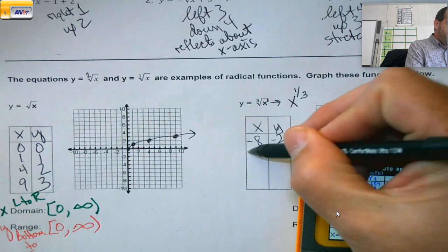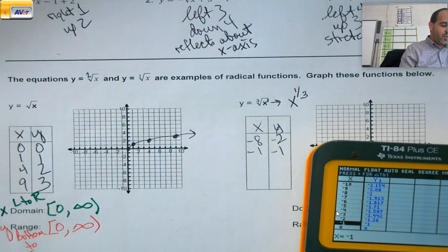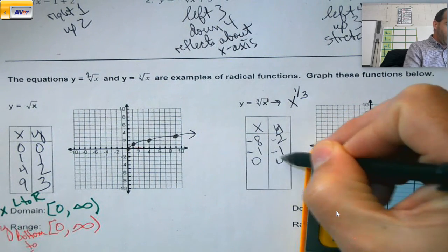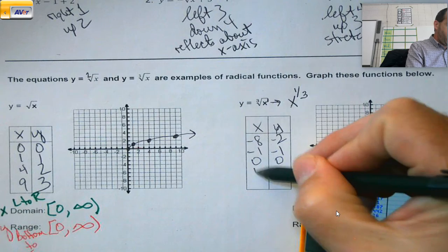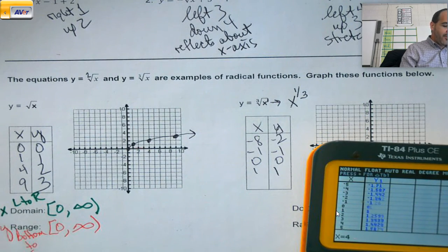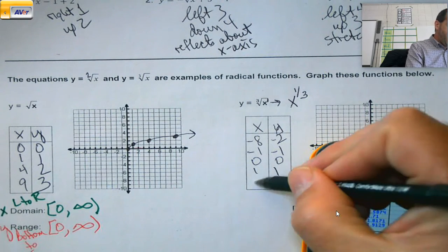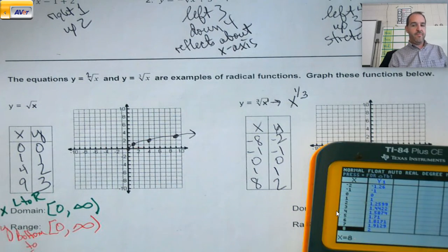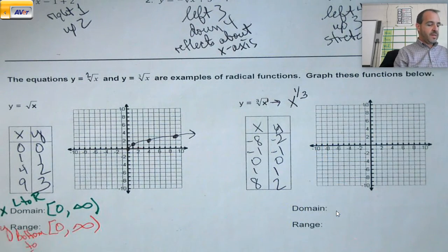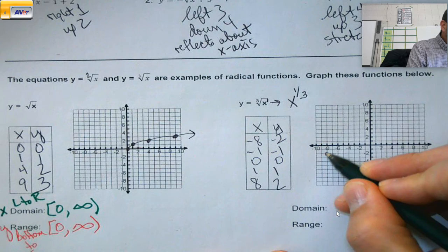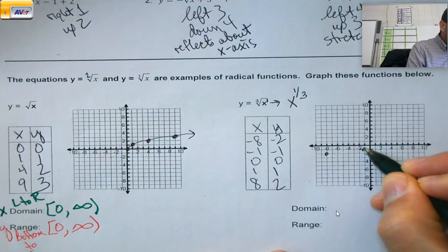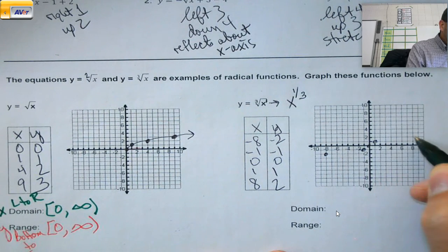There's a reason behind this one too, though. I'm going to explain both of these momentarily. But I like to write down all the values I can find between -10 and 10. Because then that's going to allow me to plot more points, which is going to give me a more accurate graph.